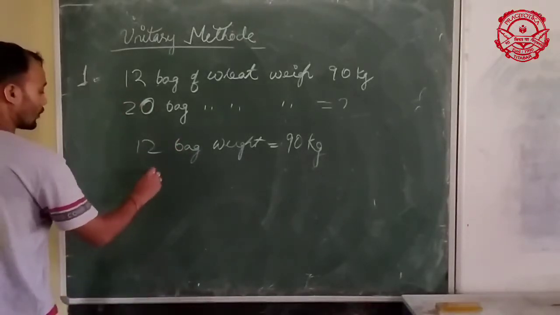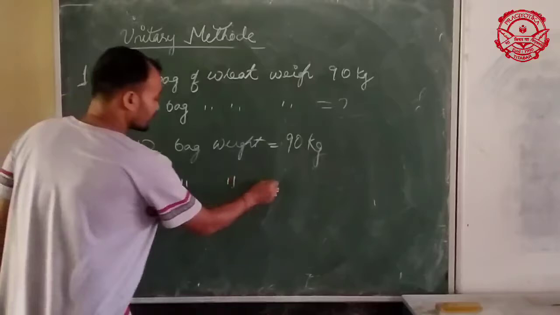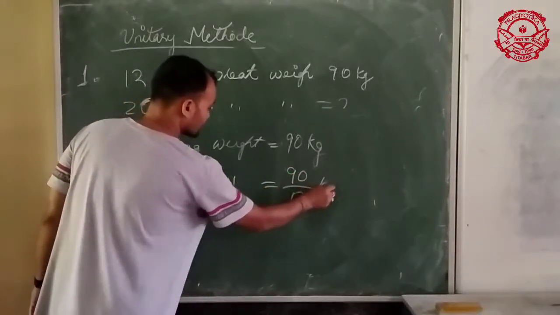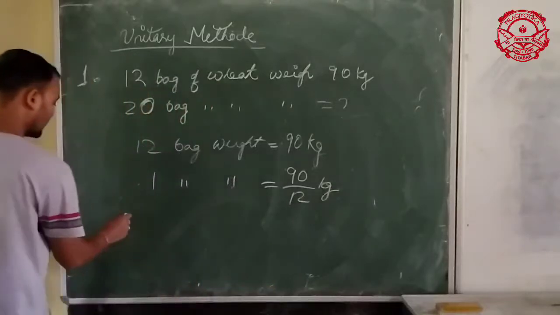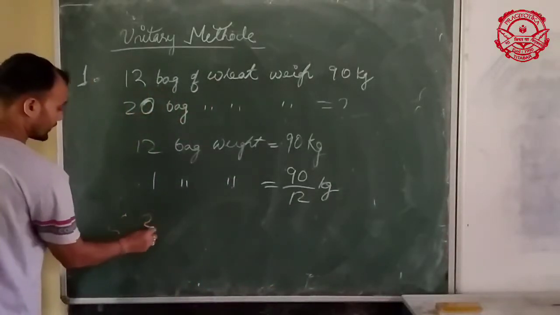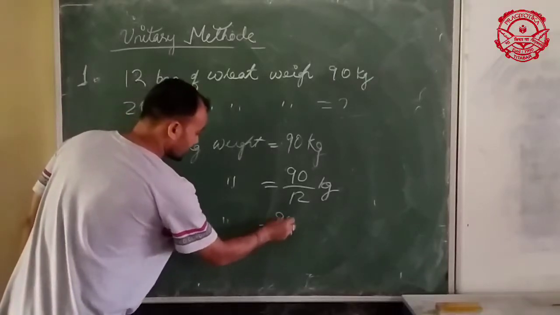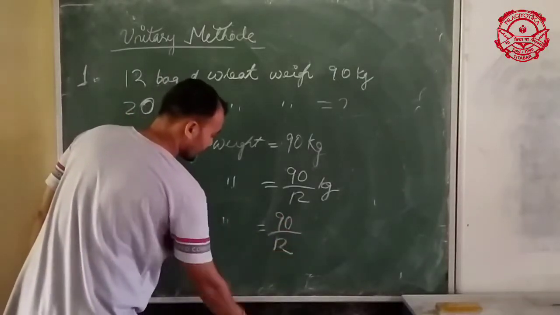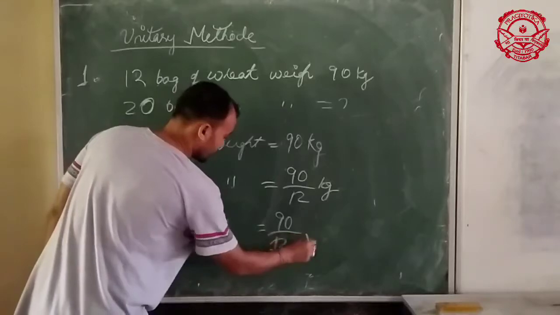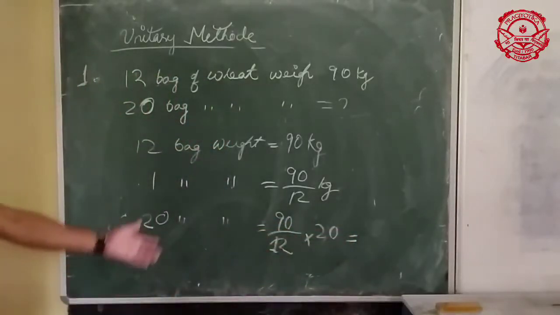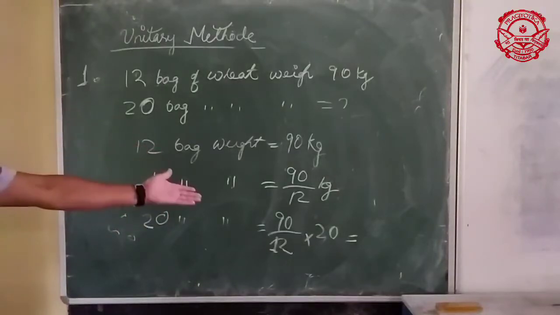Therefore, one bag weighs how much? 90 by 12 kg. Therefore, 20 bags will weigh 90 by 12 into 20. Any number you can put. If the question is actually 50 bags, you can put 50.